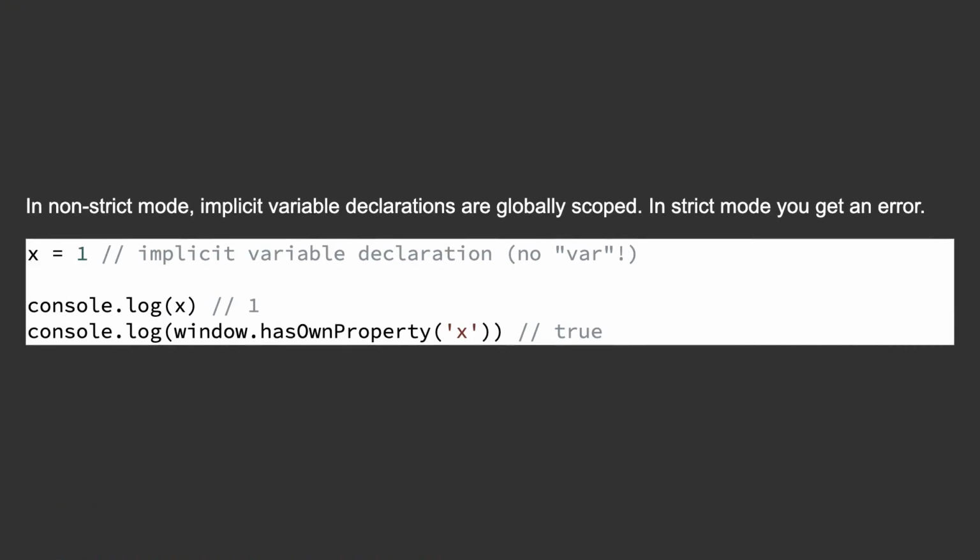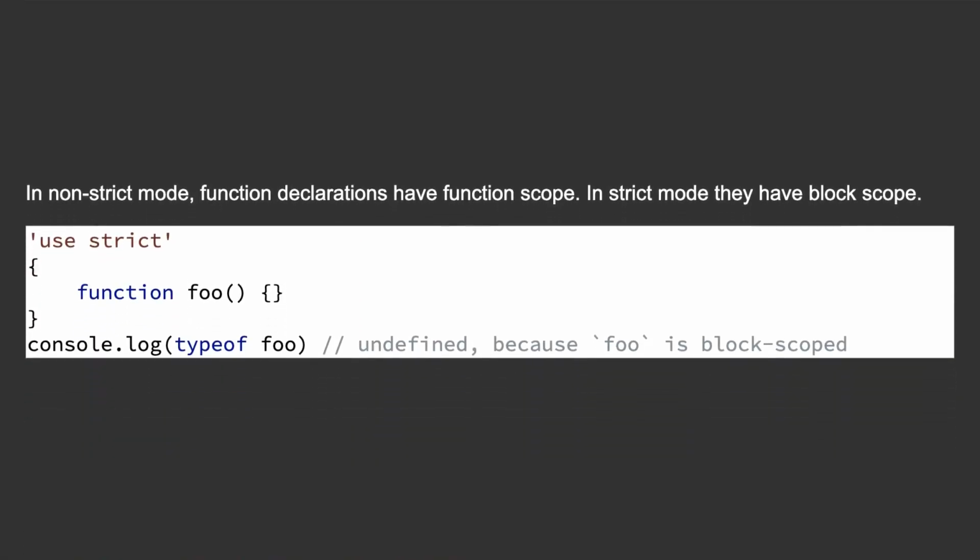In non-strict mode, implicit variable declarations are globally scoped. In strict mode you get an error. In non-strict mode, function declarations have function scope. In strict mode they have block scope.